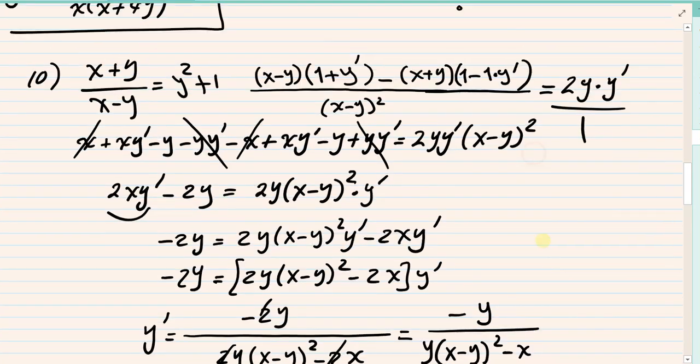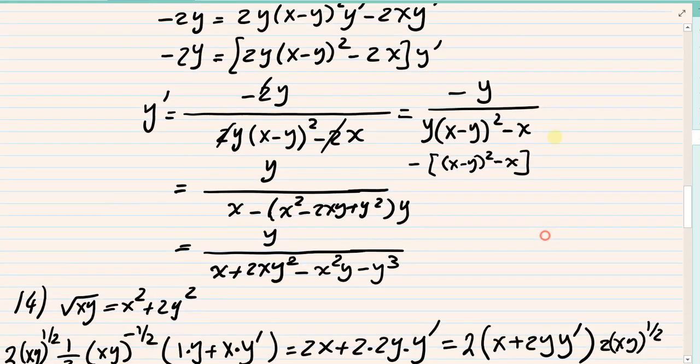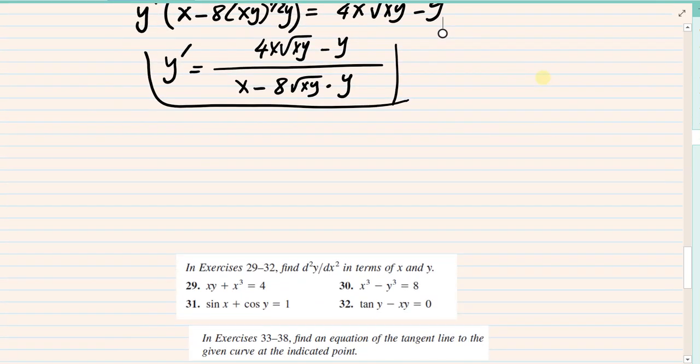Let's take a look at one last one from this segment, number 20. In number 20, we have x plus y squared equals cotan xy. Okay, now let's do this one.